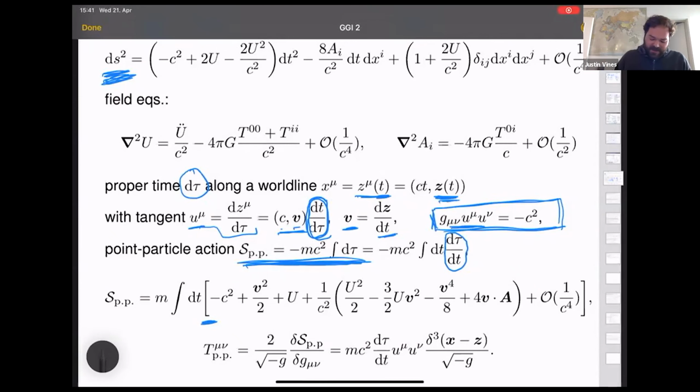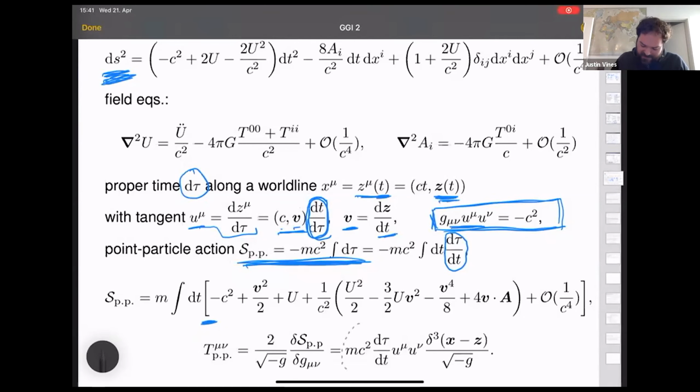And in fact, with all of this setup for a world line that we were talking about here, essentially just add this action for the world line, its proper time, to the Einstein-Hilbert action, vary with respect to the metric, and you will get Einstein's equations with a certain stress energy tensor, with a certain source, for the point particle, which is given as follows.